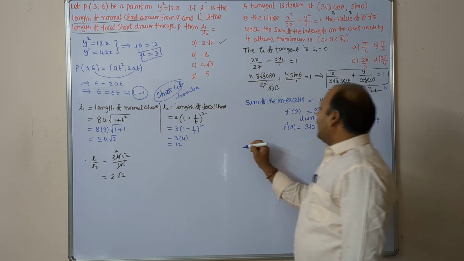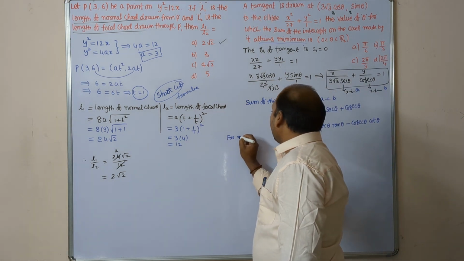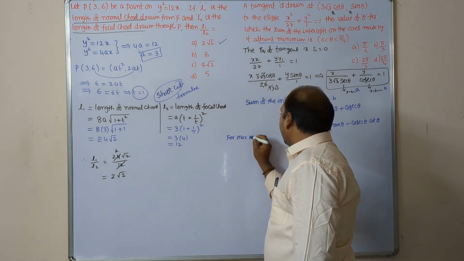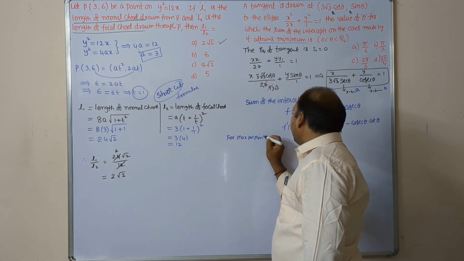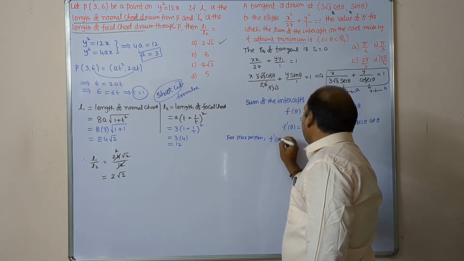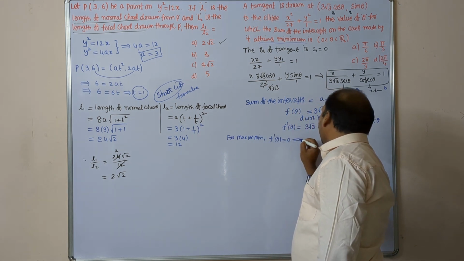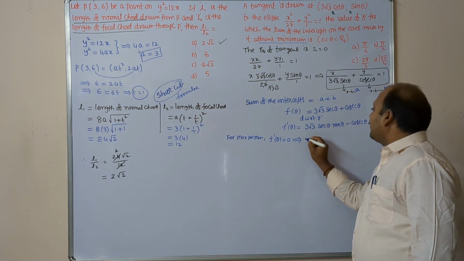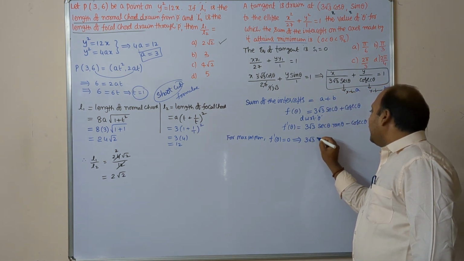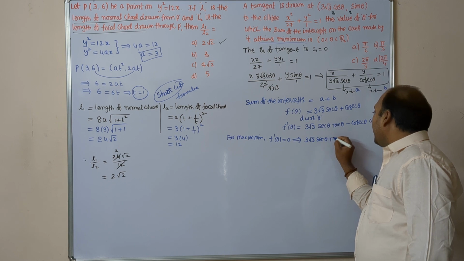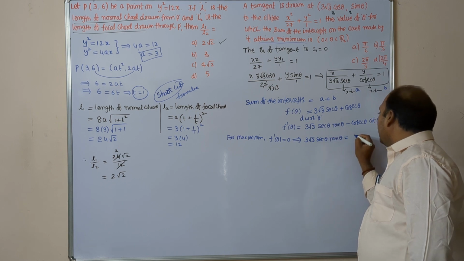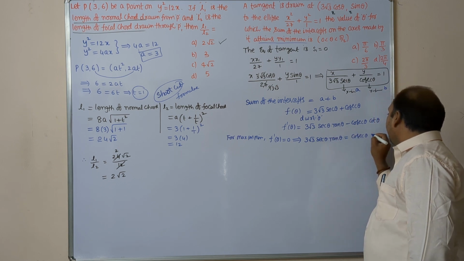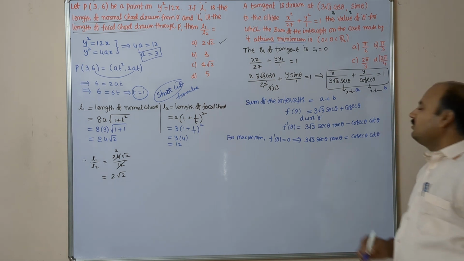For maxima or minima, according to the question it is a minimum, so f dash of theta equal to 0. That implies 3 root 3 secant theta tan theta is equal to cosecant theta into cot theta.